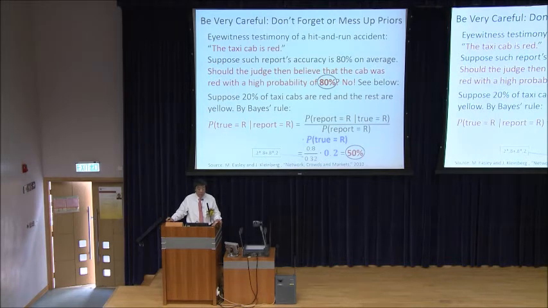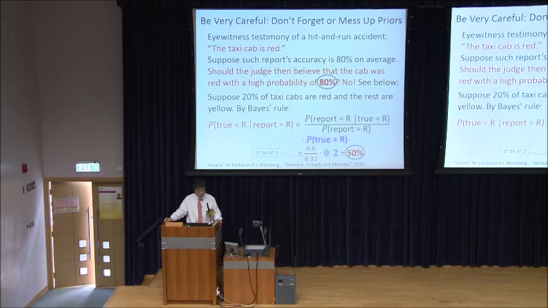So usually you will trust a person who says the color is red. You think it's 80% that the person is correct. That's a reasonable assumption, right? Unless the person is color blind. Usually you can trust the person's word, at least an 80% chance.